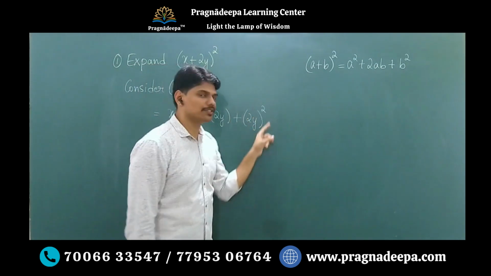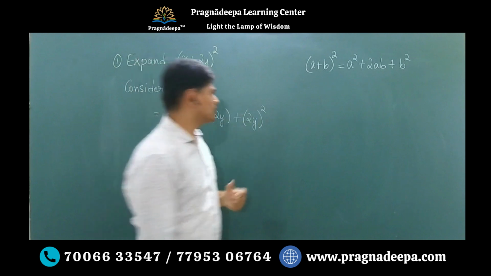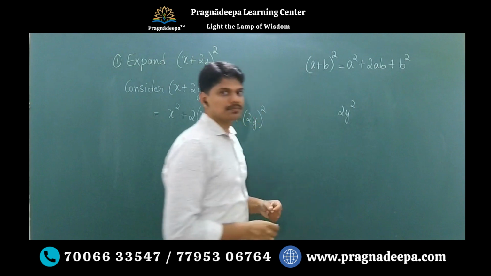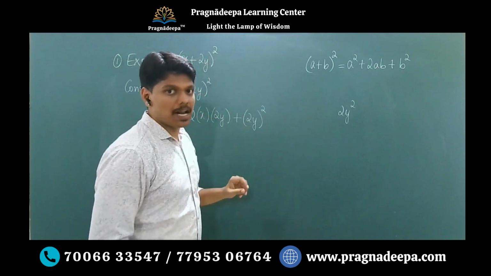Be careful here, students. A common error is that we always write 2y square. Students, it's wrong in this case.